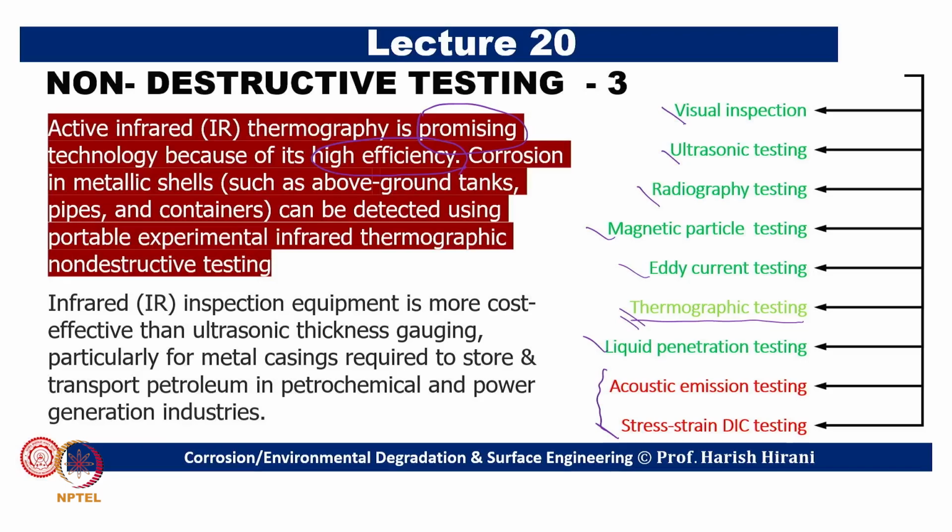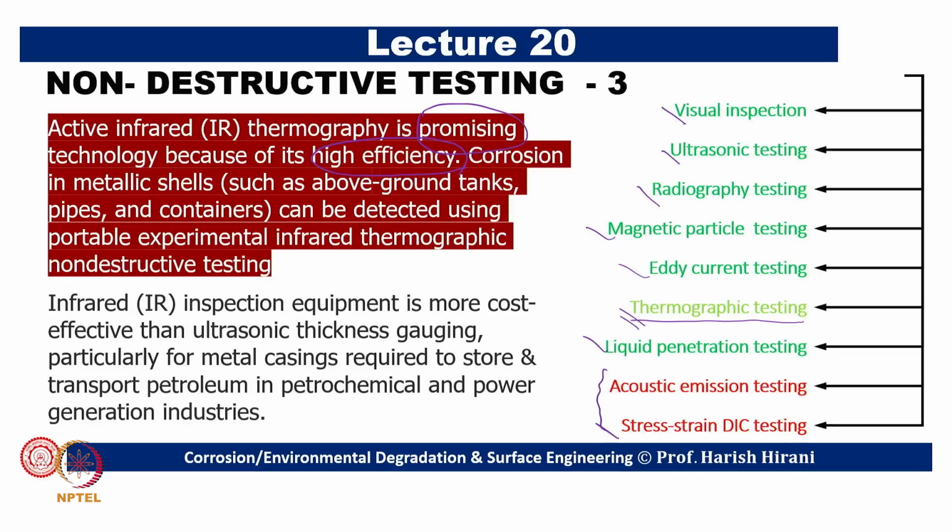What we really require is much faster results: we take a thermographic image, and we want to interpret it much faster, so that the necessary action can be taken. So, from an in situ point of view, when on the field we want to capture the images and get the results immediately, this thermography testing is very good.